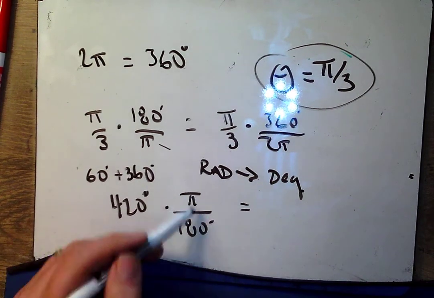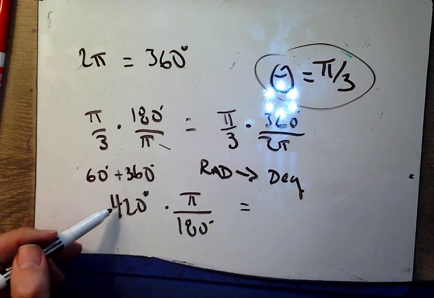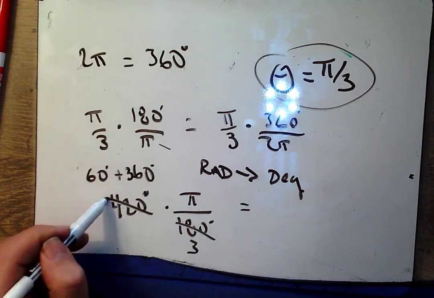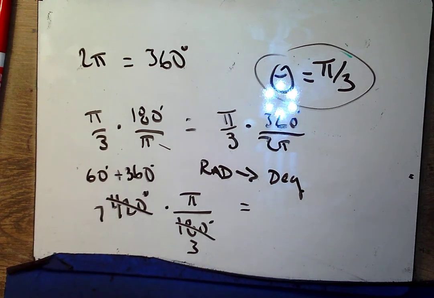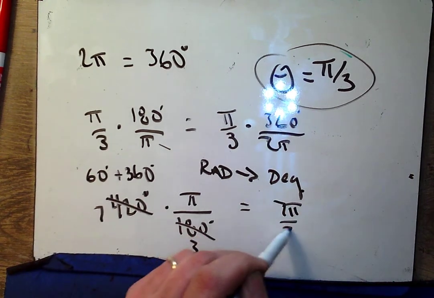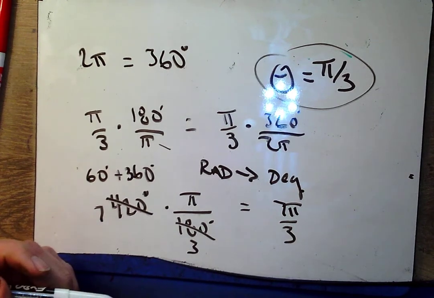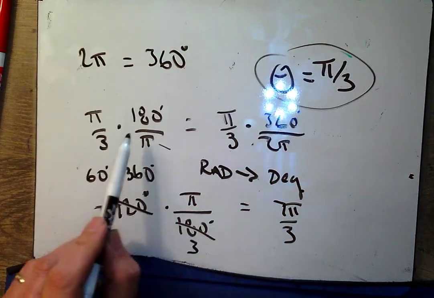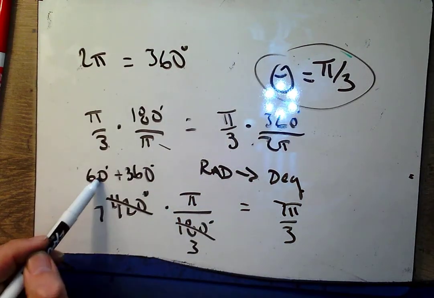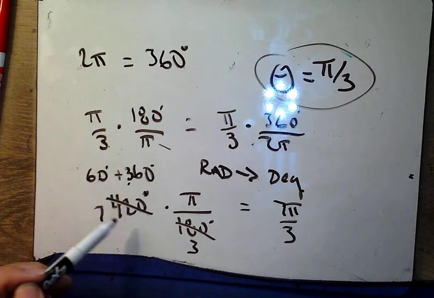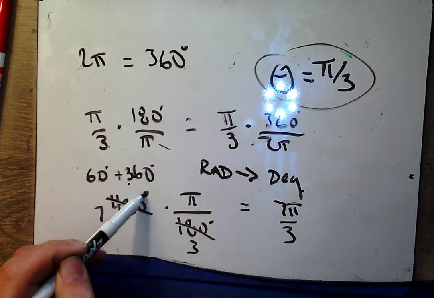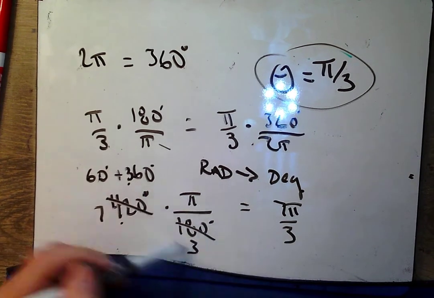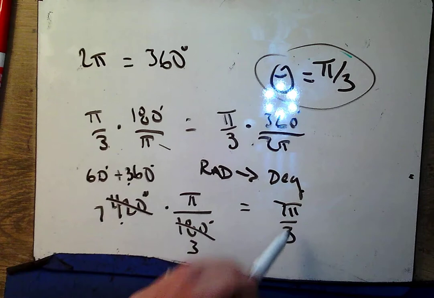Well, there's no canceling pi's, but I can take out 60. So that's going to be 3, and that's going to be a 7. So I end up with 7 pi over 3. Ta-da! So how did I do that problem? I took the radians, I converted from radians to degrees, I added once around, I got 420 degrees, and then I had to convert back from degrees to radians by multiplying by this conversion factor, just to get that.